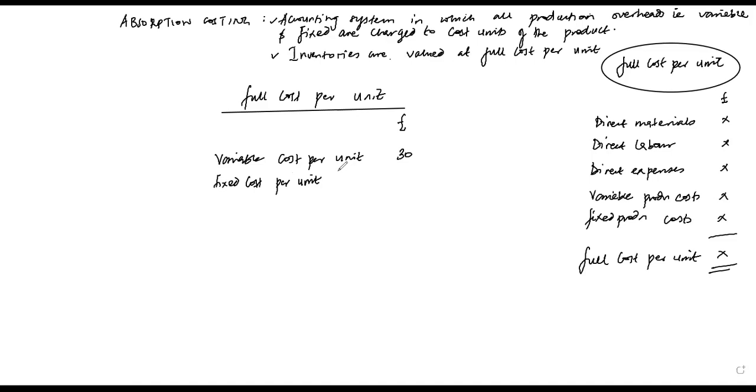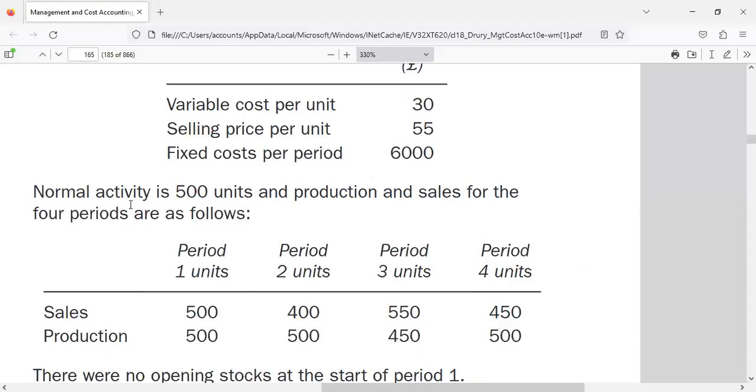Remember, the fixed cost per period, we have $6,000 as the fixed cost per period. But this was based on a normal activity level of how many units? Let's see this. Normal activity is 500 units. So they are the budgeted 500 units for each period.